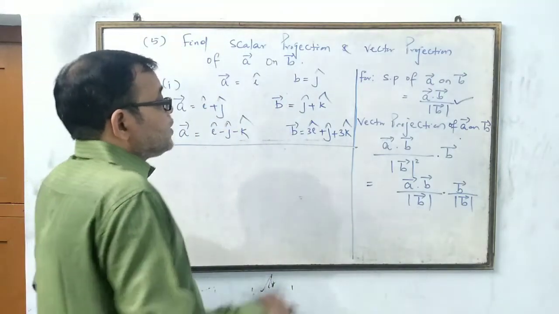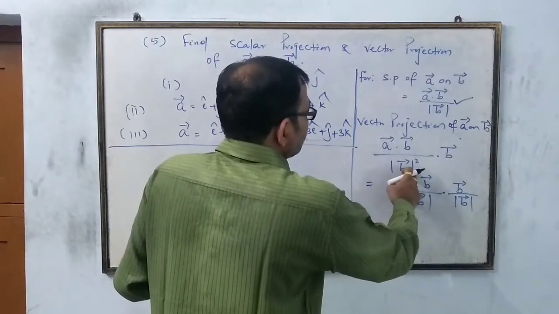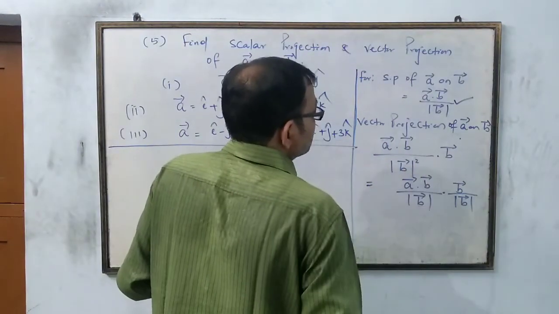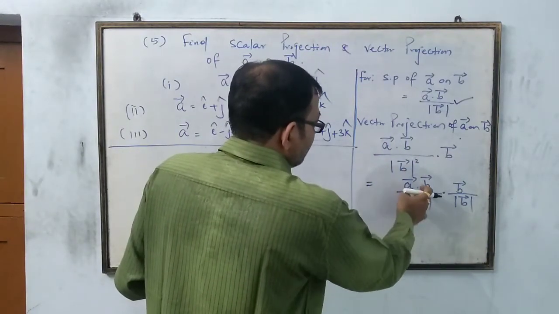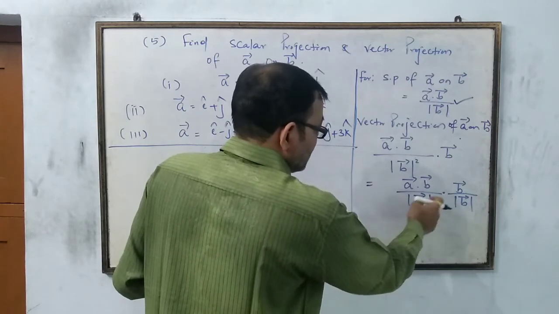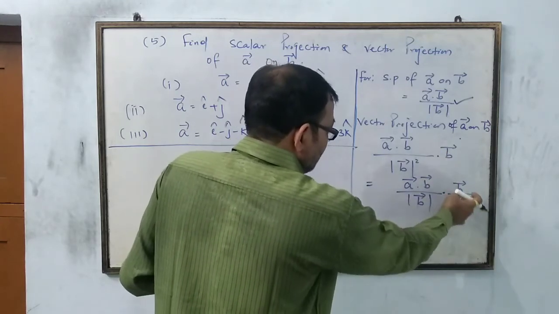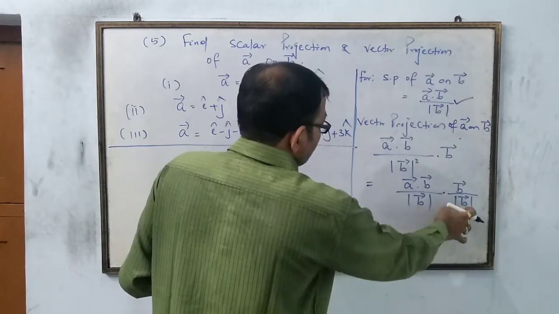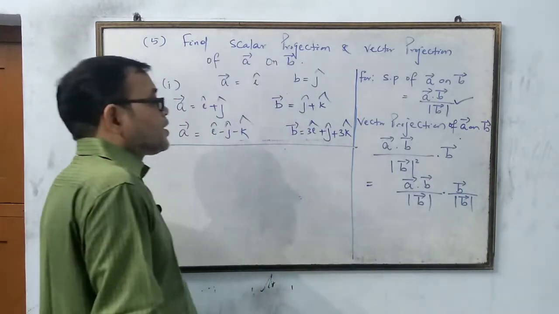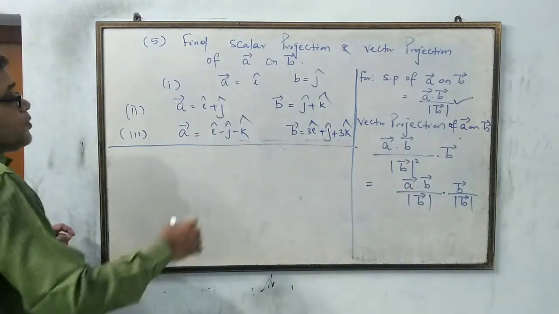Or I can also write it as A dot B by magnitude of B into vector B by magnitude of B. You see, magnitude of B into magnitude of B is B square. So we got the formula.